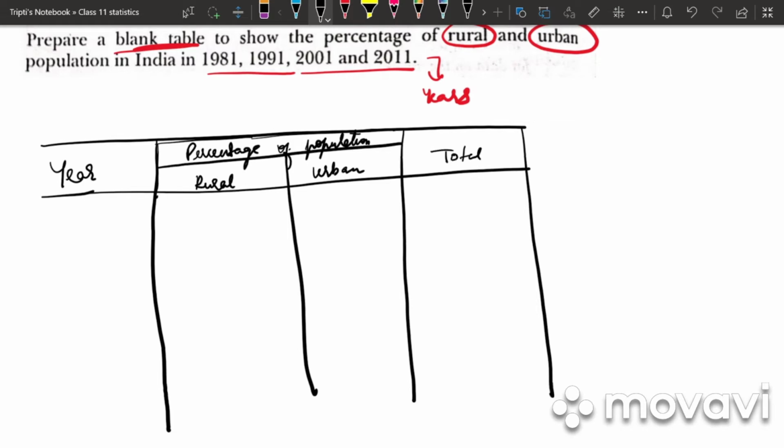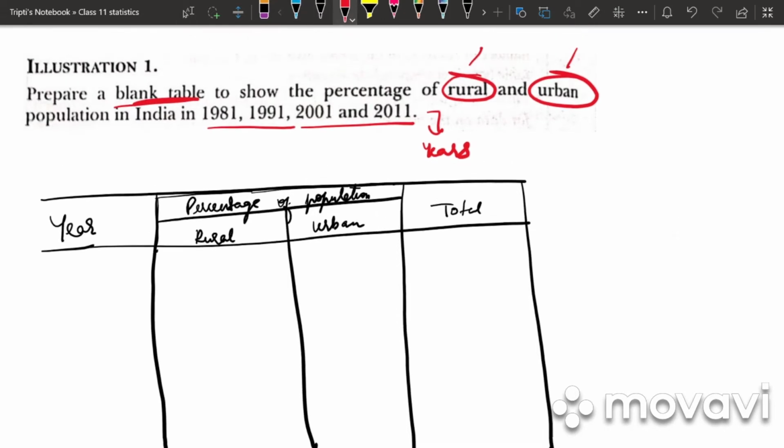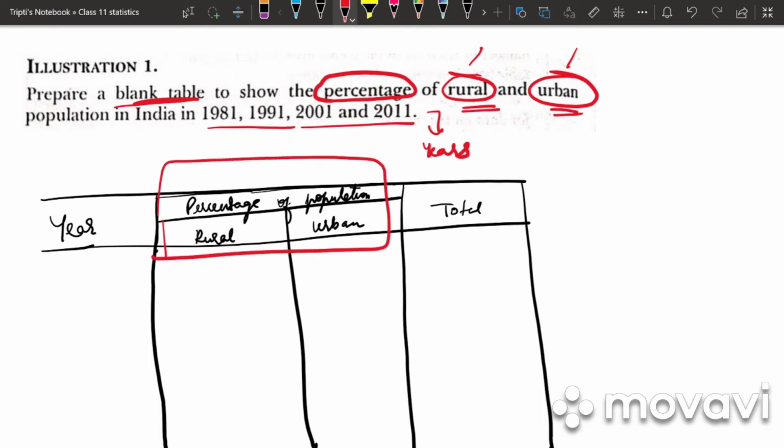So how will we decide what in all columns needs to be put in our table? See, in the problem they have given us show the percentage of rural and urban. So we know there will be a percentage column which will be subdivided into rural and urban, which has been already done. That is this part. Then they have said that population in India in the following years.